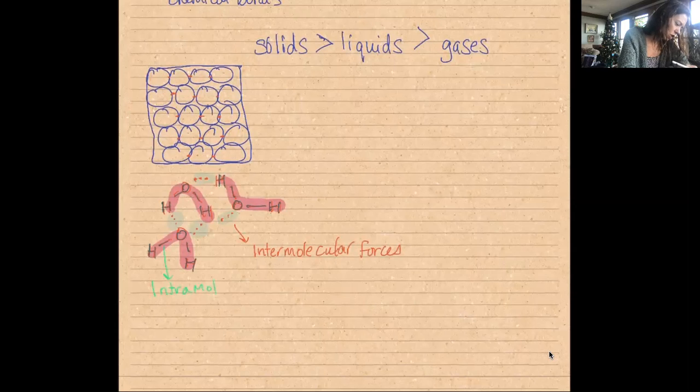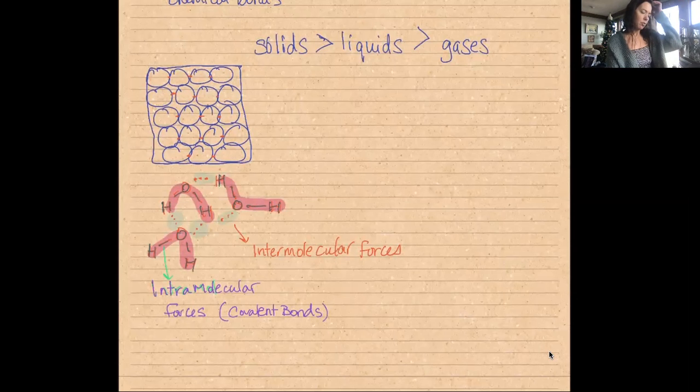Let me change that color. That's not a very effective color. Those are our intramolecular forces. And in this case, they are covalent bonds. And they are stronger than our intermolecular forces, okay?